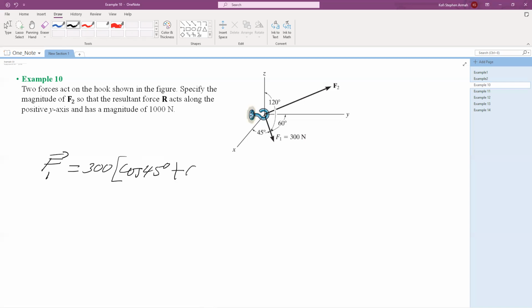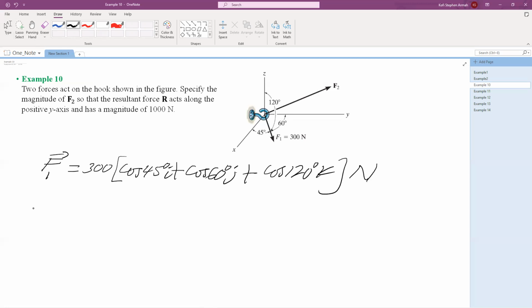Add cosine beta. Cosine beta is the angle the force makes with the y, which is 60 degrees. Of course, I need to put my i and my j. And then the angle it makes with the z, which is cosine 120 degrees, and that is k. I'll close it, and this is in newtons.